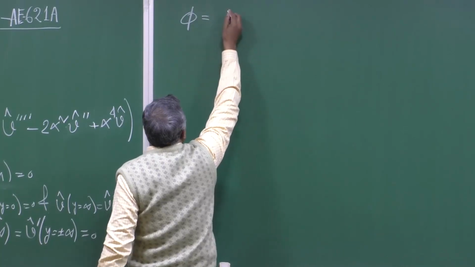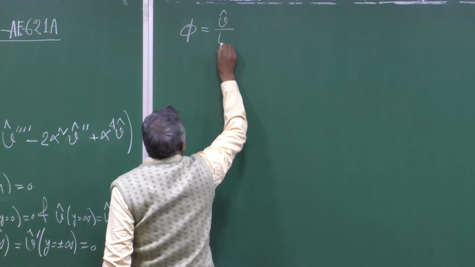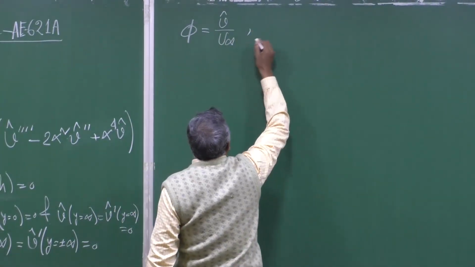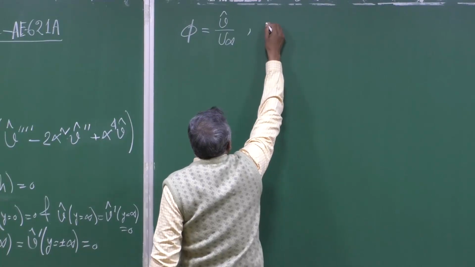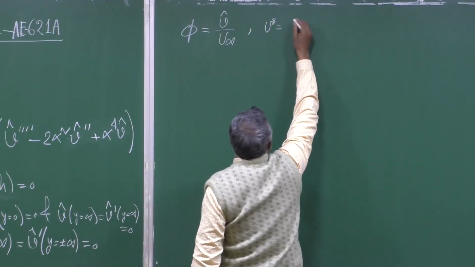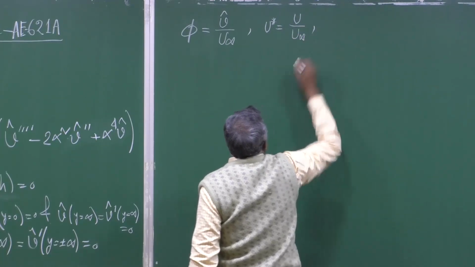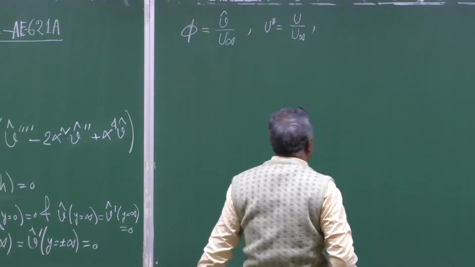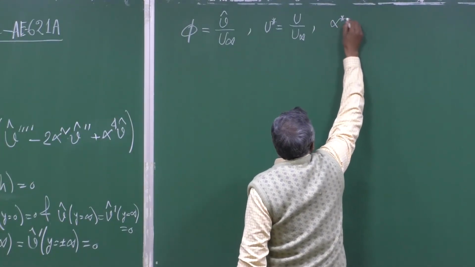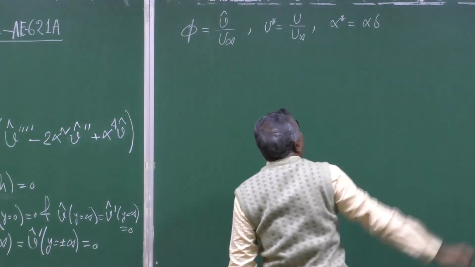Phi is equal to V hat divided by the free stream velocity u infinity, and u star is equal to u divided by u infinity, and alpha, which is the wave number, alpha star we can write as alpha into some length scale delta.